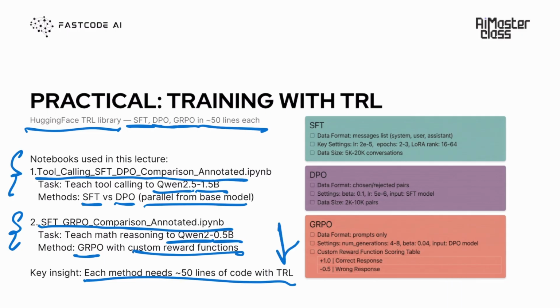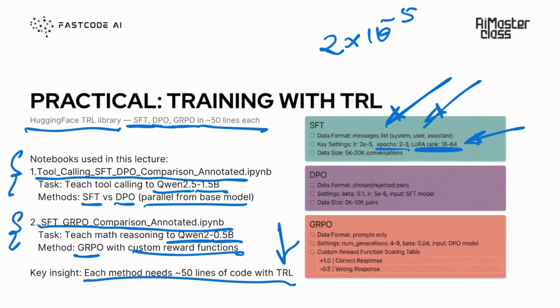In SFT, with the data format, it learns how to read the system prompt, how to read the user prompt, how to behave like an assistant. Key settings are a learning rate which is pretty high, such as 2e-5, so 2 times 10 to the power minus 5, and you would do 2 to 3 epochs.